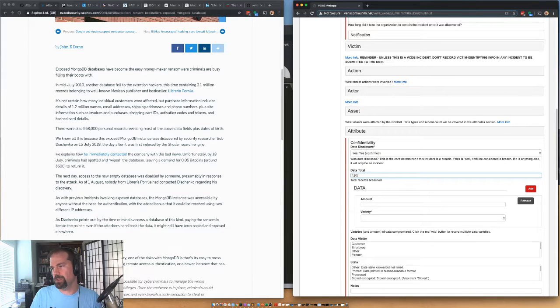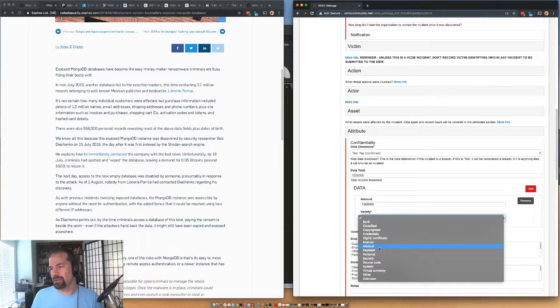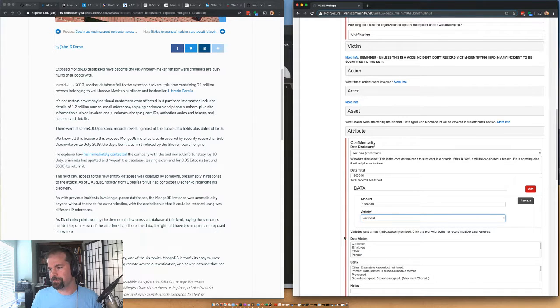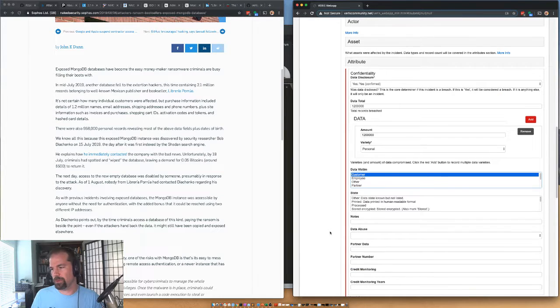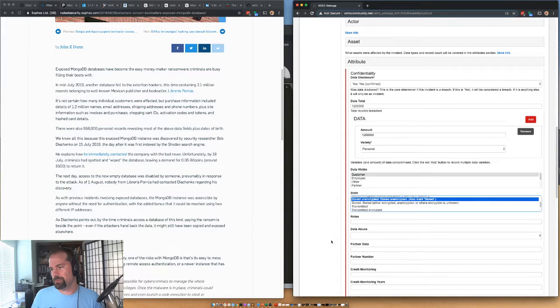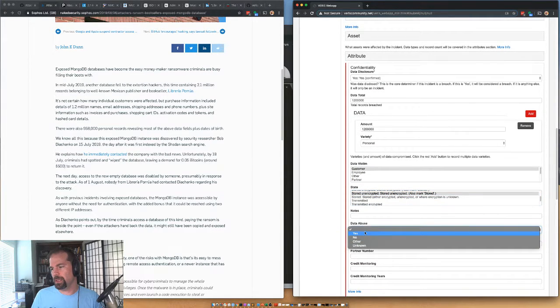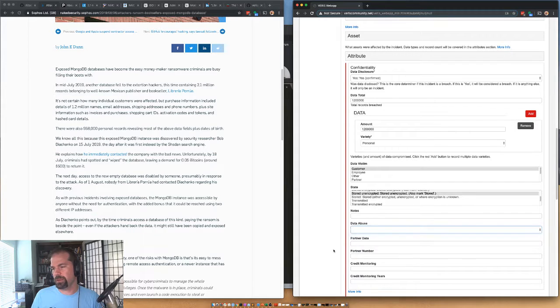So 1,200,000, yada, yada, yada. And this is personal information, really. Email addresses, shopping carts, phone numbers, invoice purchases, activation codes, token, hash. I mean, yeah. Personal information of customers, stored unencrypted, and data abuse. In this case, no.